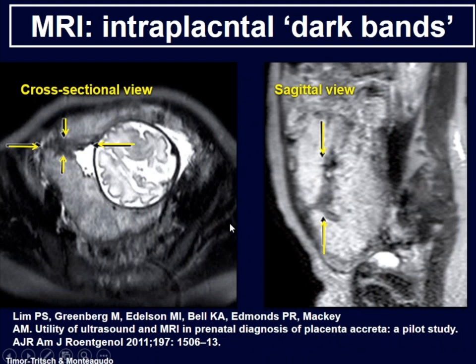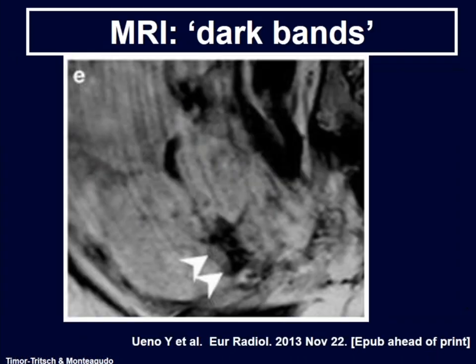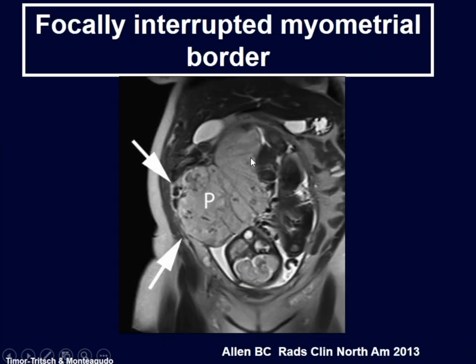Here is the cross-sectional and the sagittal view of a placenta accreta, in which the yellow arrows depict the intraplacental dark bands. These are also some dark bands shown in one of the cases that was a proven placenta accreta.